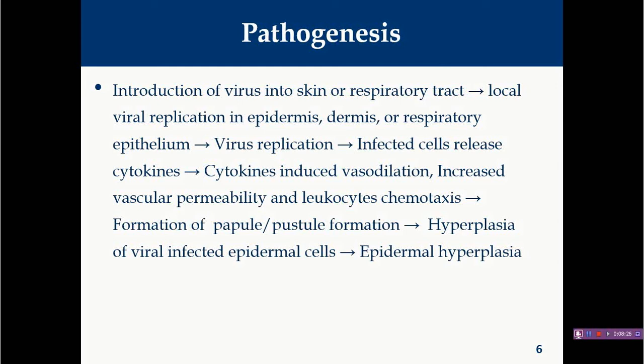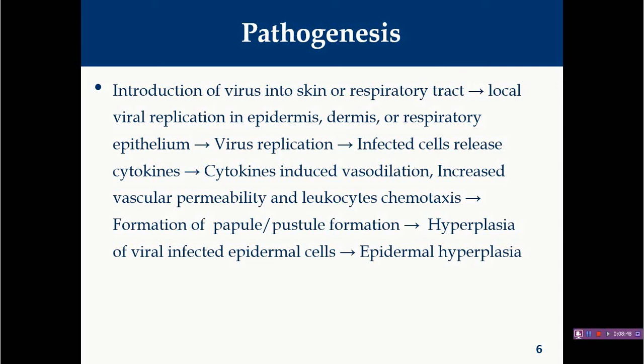Initially they will replicate, and then finally they will come back to the skin, where it will first replicate in the endothelial cells and induce some abnormalities in them. So there will be increased vascular permeability, diffusion of fluid, and some RBCs will come out from the infected blood vessels.